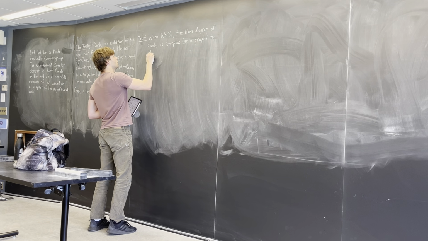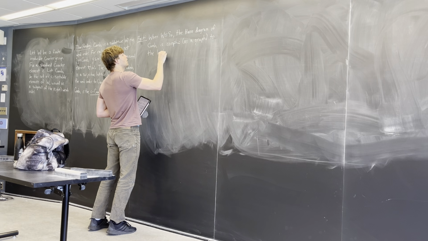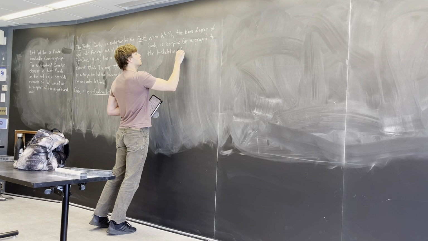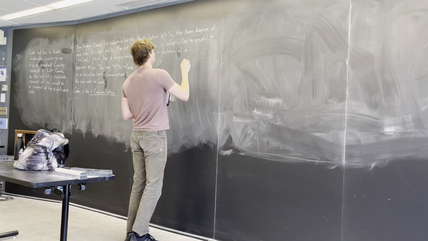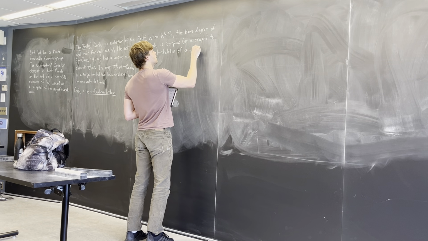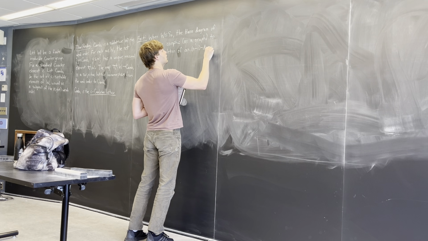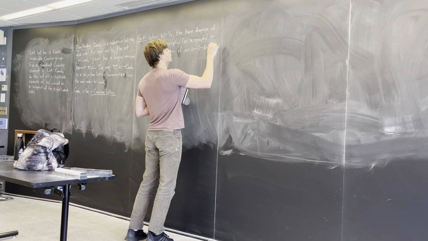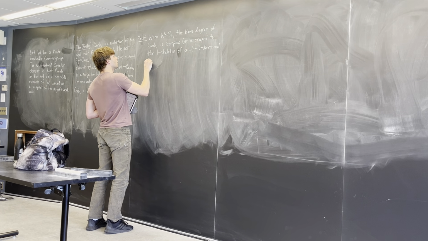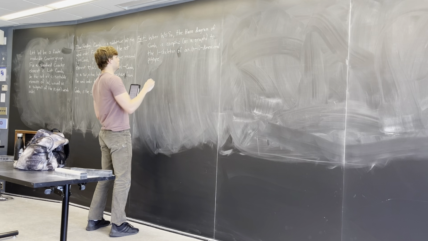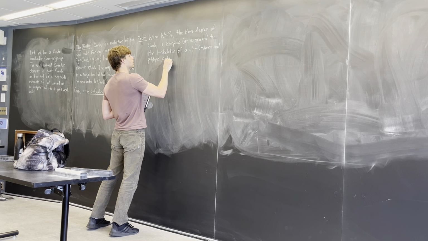Of an n-1 dimensional polytope. And this polytope is famous, and it's called the associahedron.